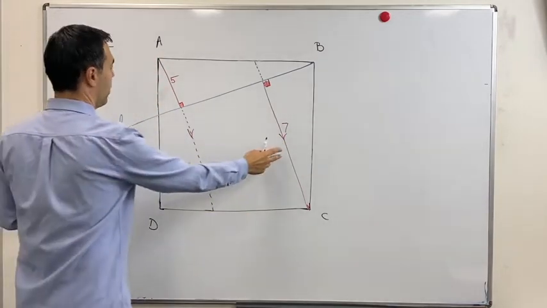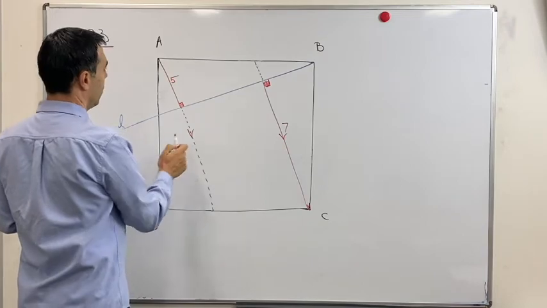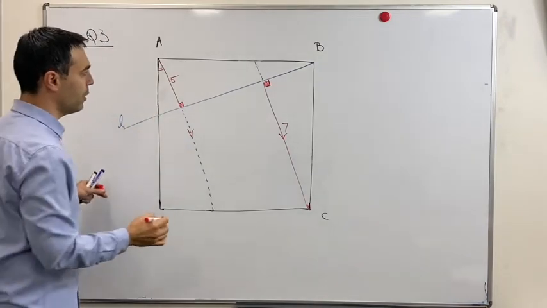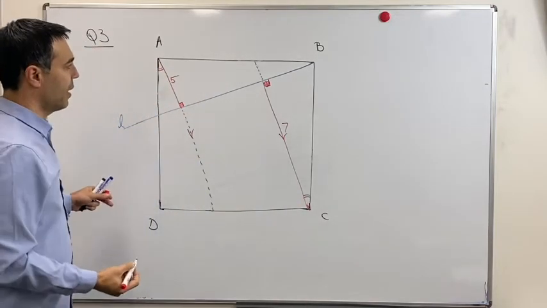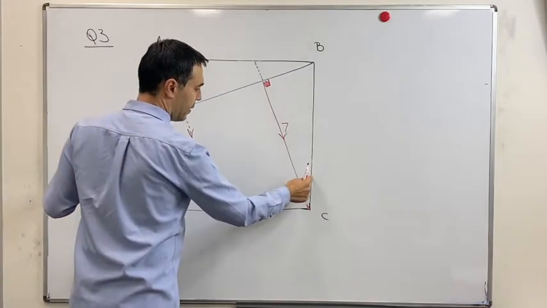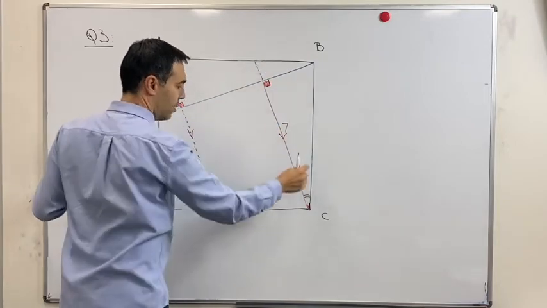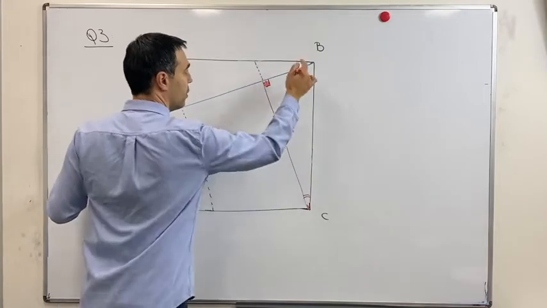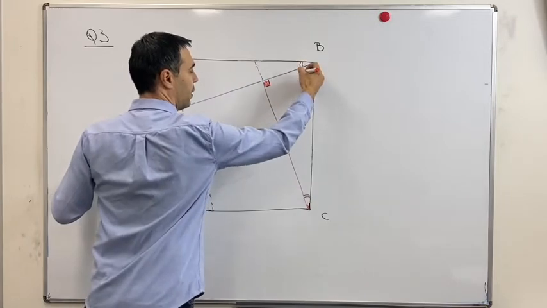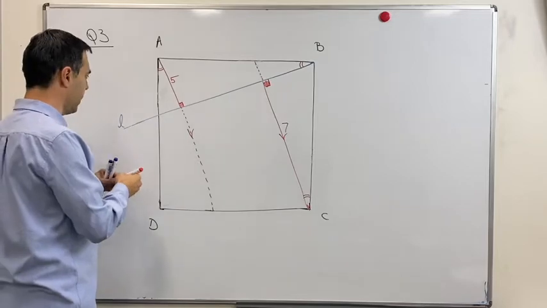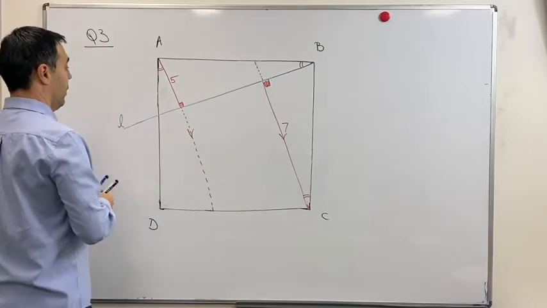Now, since these two lines are parallel, what I know is this angle must be equal to this angle. And again, since these two lines are perpendicular to these two lines, what I know is this angle must also be equal to this angle. So I can actually label them.